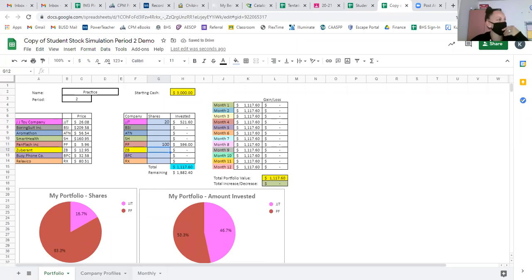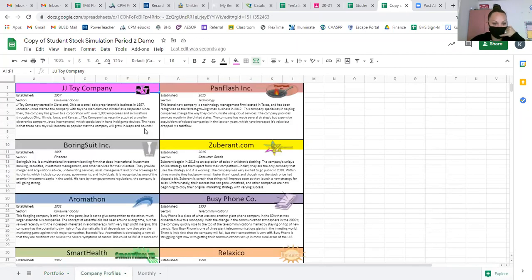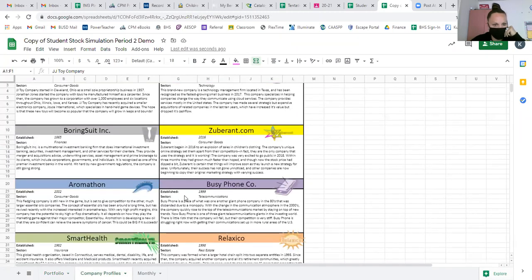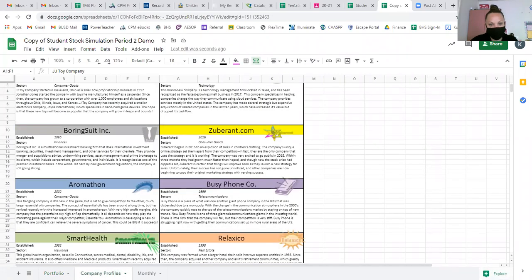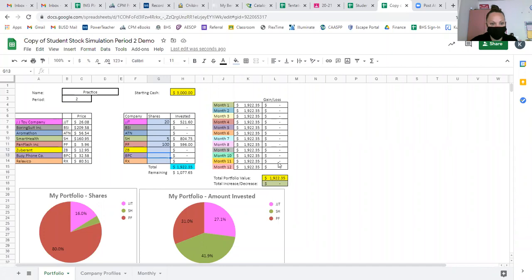And again, at the bottom are the company profiles. You can read about them again if you don't remember which one was what. And then you can also see you're going to have two different pie charts.